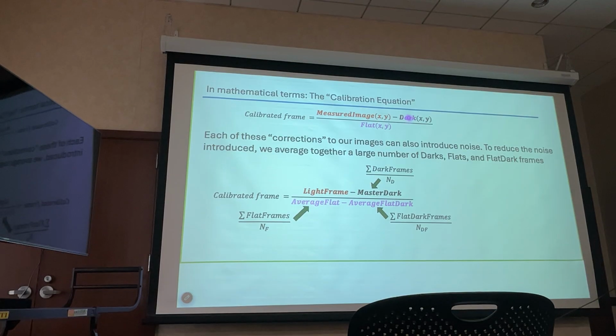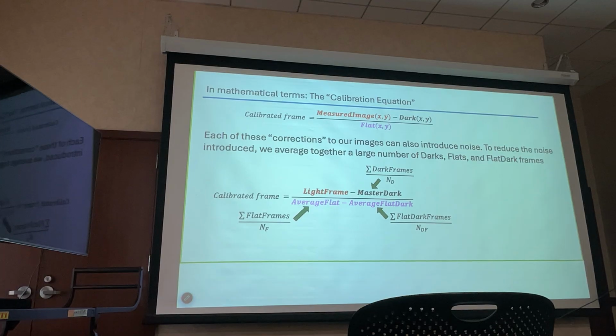In general, we don't measure one dark frame because each dark frame has noise, so we average a large number of dark frames, and that's simply called a master dark. Likewise, for the flat frame, that transmission function, we average a number of flats, and we subtract from that the little dark part that I talked about before.